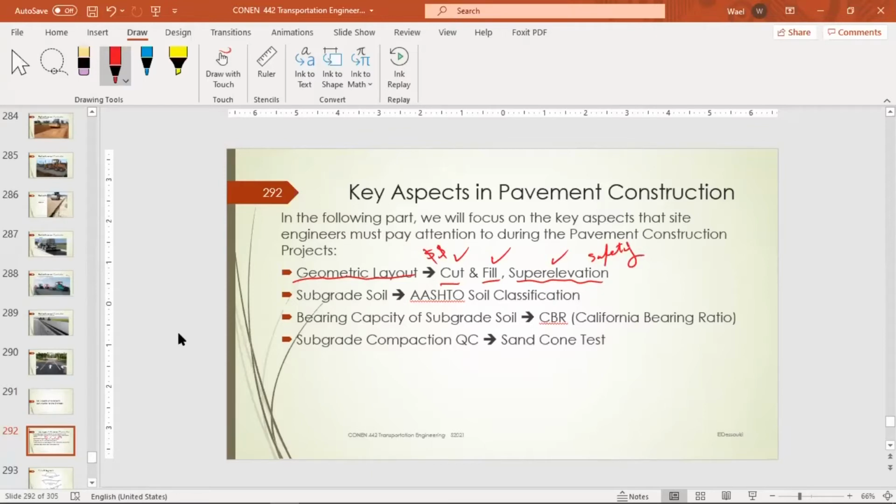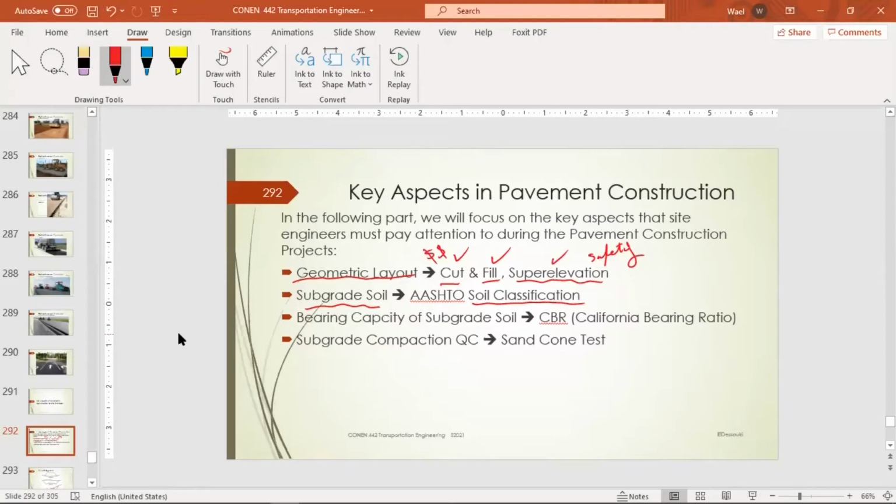Then we have the subgrade soil. It's important that you make sure that the soil classification is according to the design. So you have to keep an eye on the quality of the soil during the natural or the subgrade leveling.